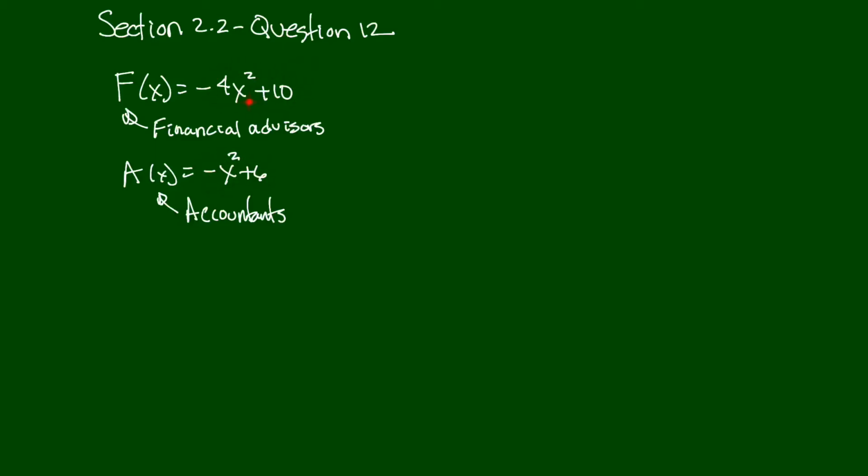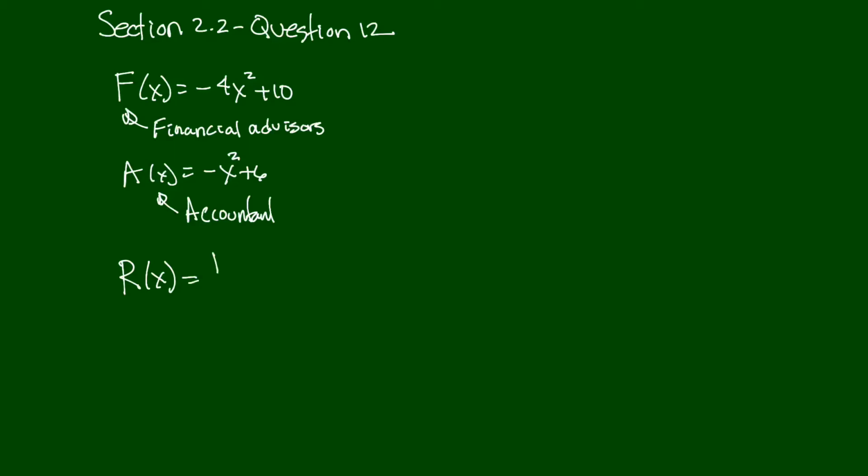This is the revenue projected for the financial advisors networking company, and this is the revenue projection for the accountant networking company. Now what we can do here is compare the two revenues by division. I'm going to call that a ratio.